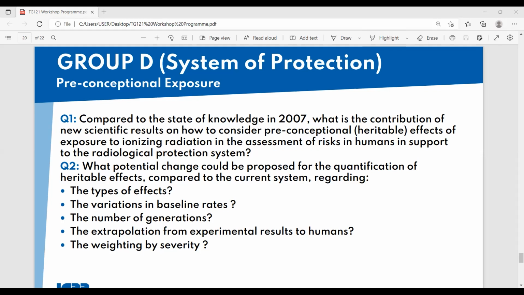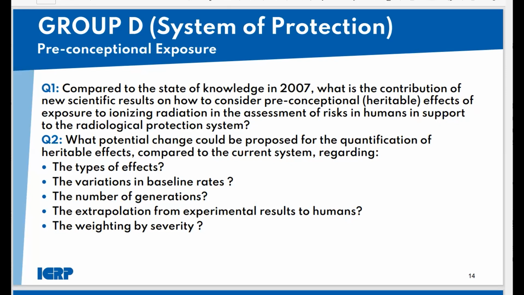This is from ICRP publication 103, and they noted that the quantity of mutation component used in the equation provides a measure of the relative change in disease frequency per unit relative change in mutation rate for the different classes of genetic disease.